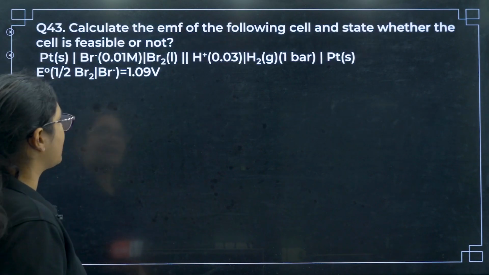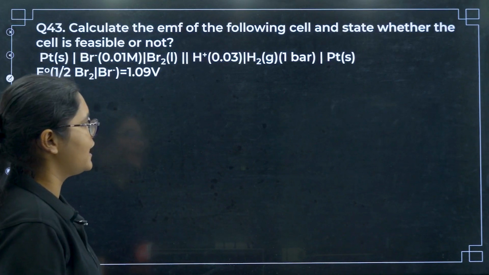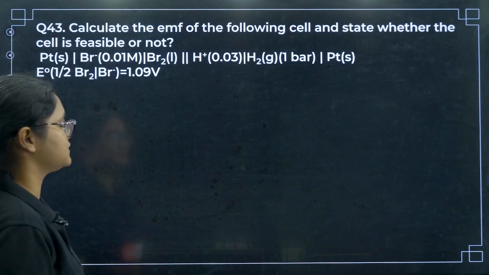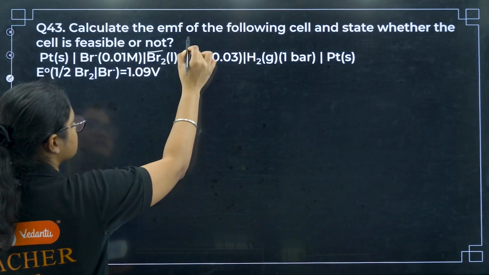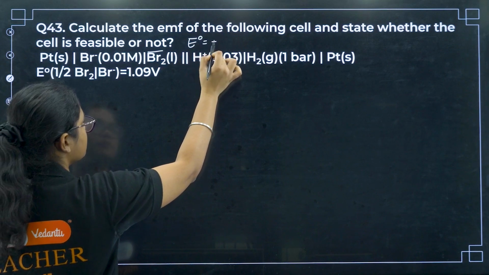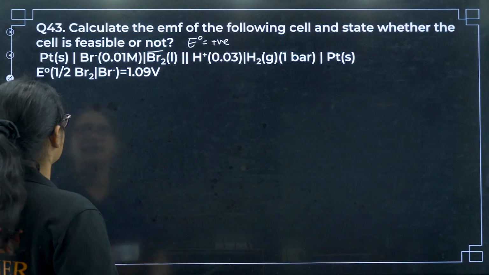Next, we will calculate the EMF of the following cell and state whether the cell is feasible or not. To calculate whether the cell is feasible or not, you need to see the E naught value, which should be positive. So we can find out this one.